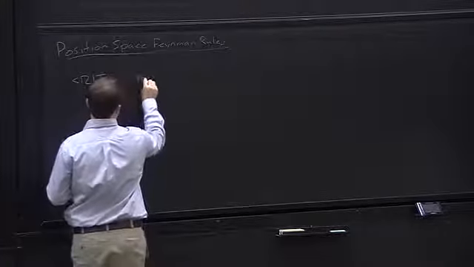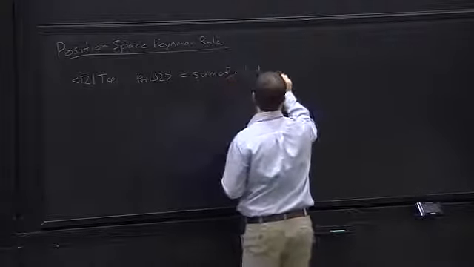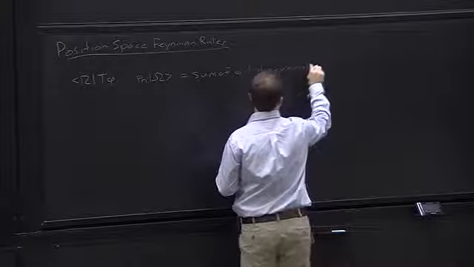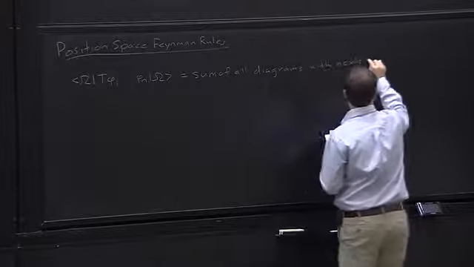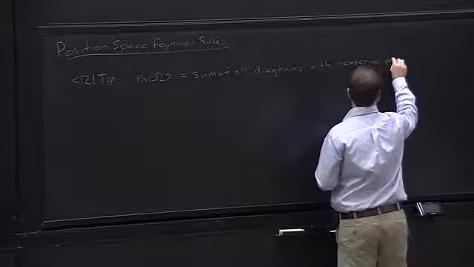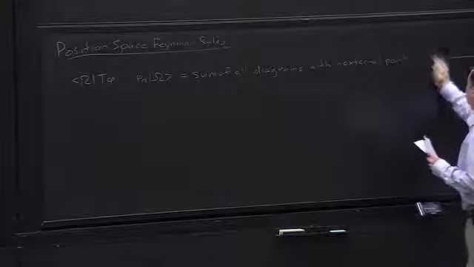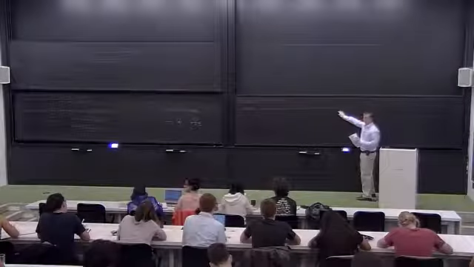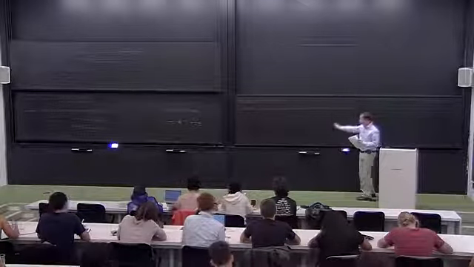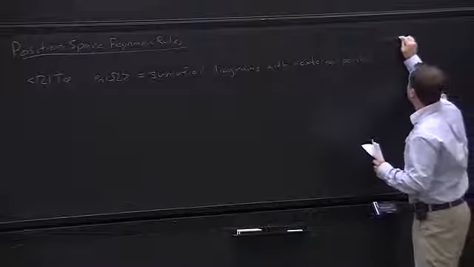This will be the sum of all diagrams with n external points. And the denominator is going to modify this, so I'll leave a blank here. We'll have to exclude some diagrams. But everything else will be unchanged. Okay, so this will be filled in later.